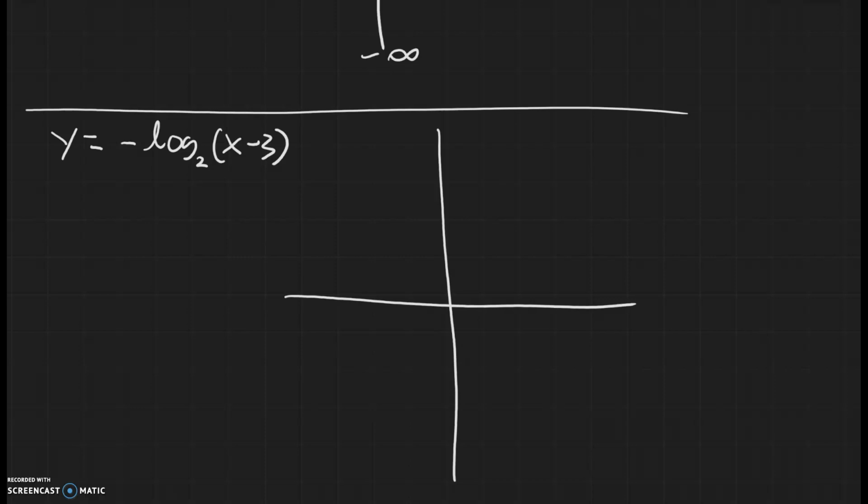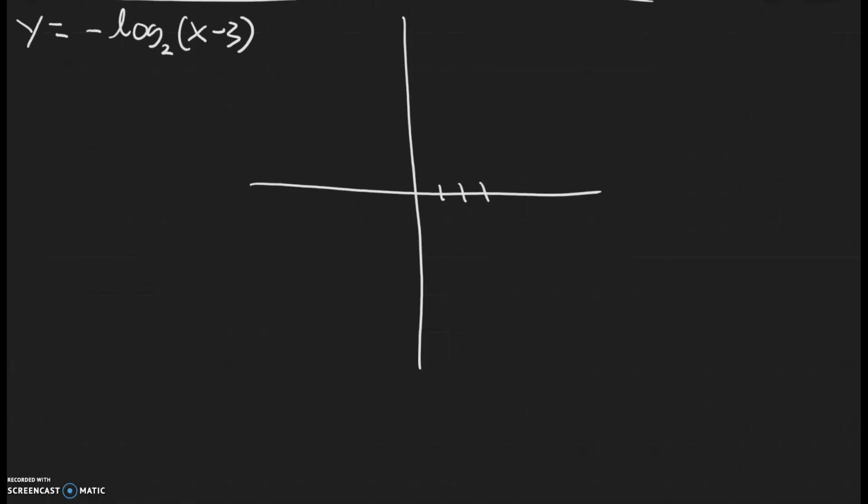We also know that the asymptote is at x equals 3. So we'll go ahead and make a vertical dotted line for that. So that's going to be your asymptote right here. X equals actually positive 3. I'm not sure if I said -3, but it should be positive 3.